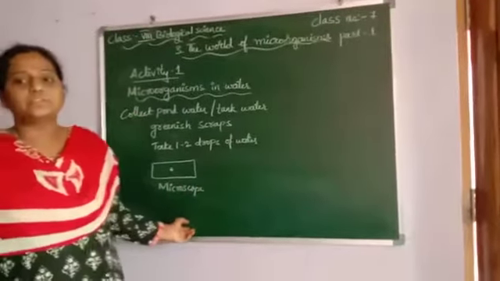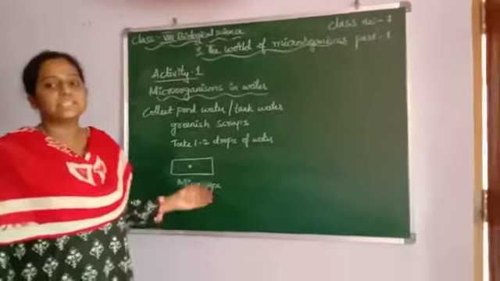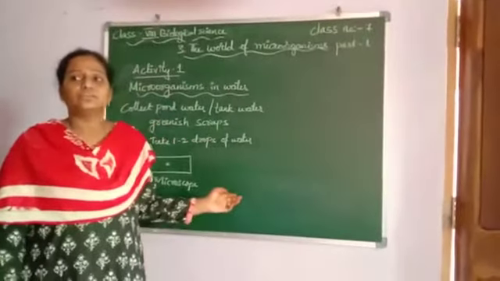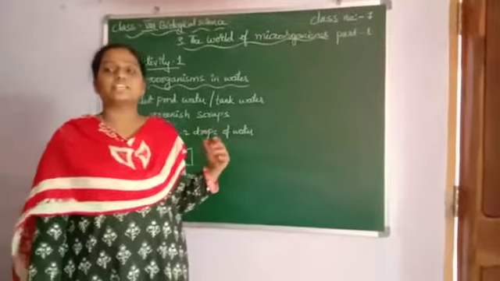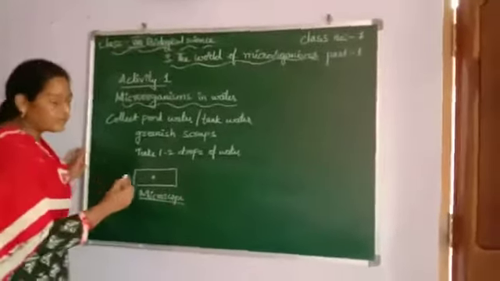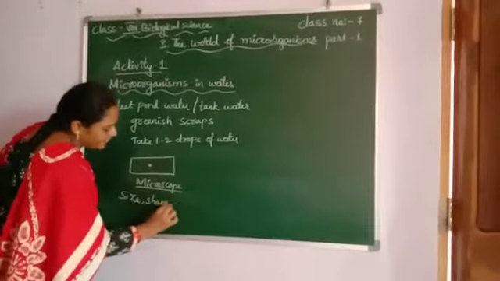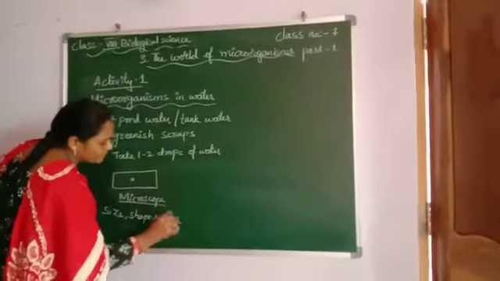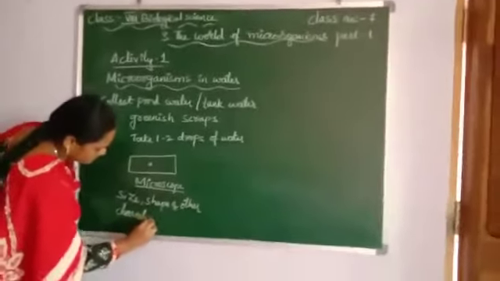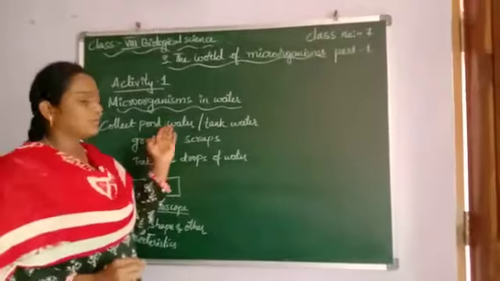After observing it under the microscope, whatever you have seen, you can draw some rough sketches in your notebooks also. After observing, you can hold discussions about the shape, size and other characteristics of the particular sample of pond water or tank water.